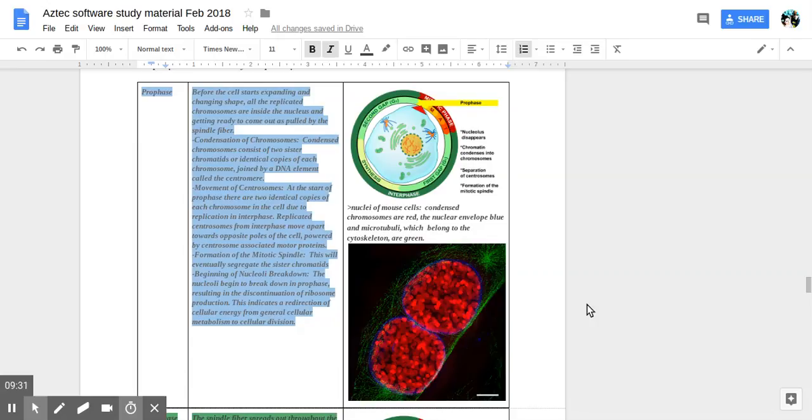And in this microscope picture, you have mouse cell nuclei showing chromosomes condensed in red, the nuclear envelope in blue, microtubules, which help with the changing of the shape, in green. So the cytoskeleton surrounding the nuclei will help in cell division.